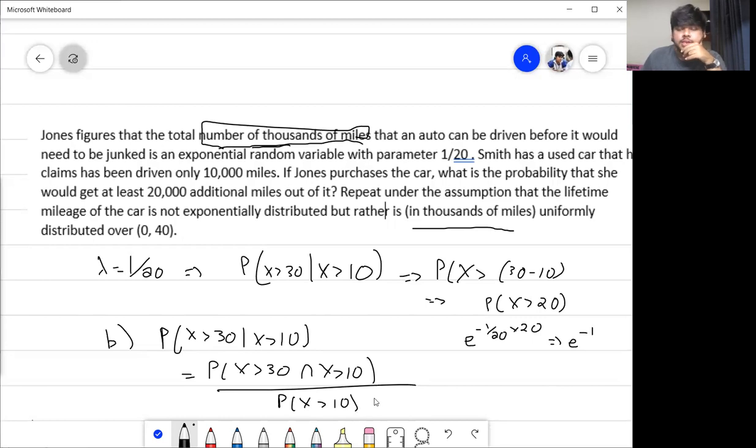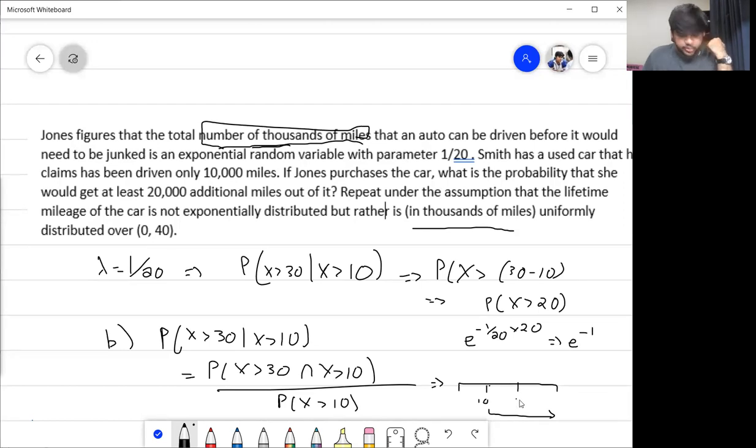Now what they're saying is, the X variable tells us the total number of thousands of miles that an auto can be driven. So can I say that if a car has been driven for more than 10,000 miles and the car has been driven more than 20,000, then more than 30,000 miles, I'm assuming.